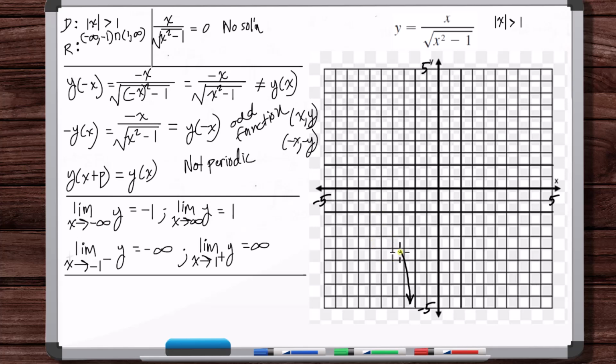You might say, well, how do we know that it doesn't? Let me redraw that. How do we know it doesn't do this? Because then you'd have a local max.